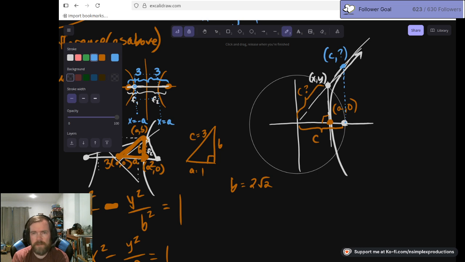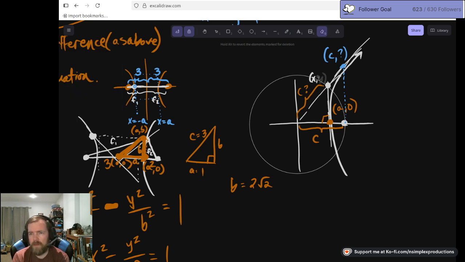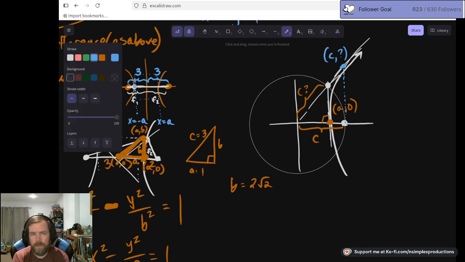That's not x comma y. Don't do that. Right, because this is not actually on the hyperbola. Right, this is a comma what? This is also a right angle.